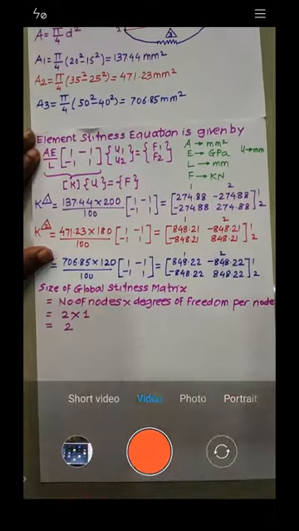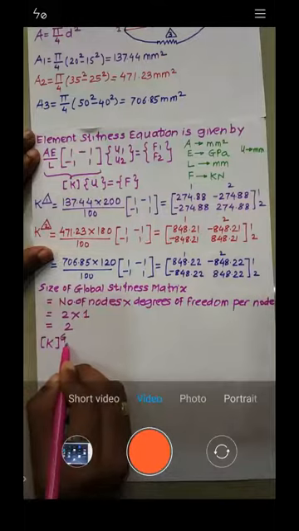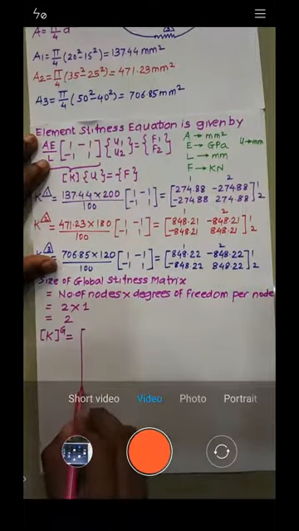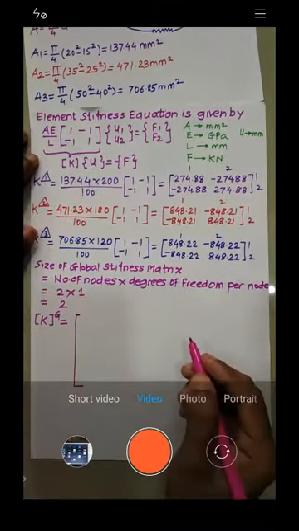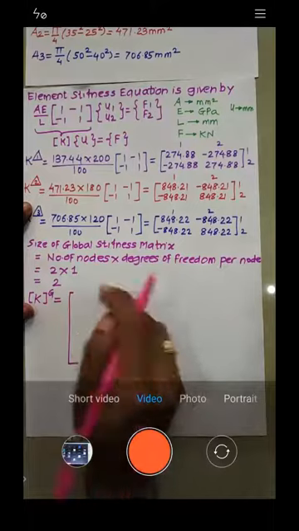So what I will do now is write down the global stiffness matrix. Let's say I will have 2 rows and 2 columns.